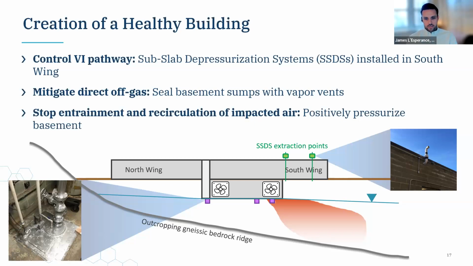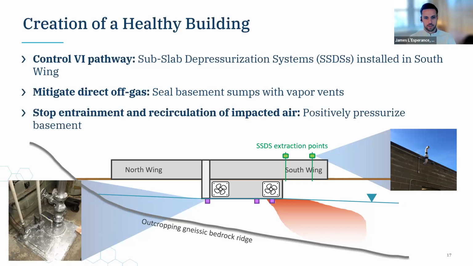And finally, we modified the HVAC configuration within the basement to positively pressurize that area to cut off or inhibit the airflow from the basement through that elevator shaft that was acting as a conduit to the first floor.